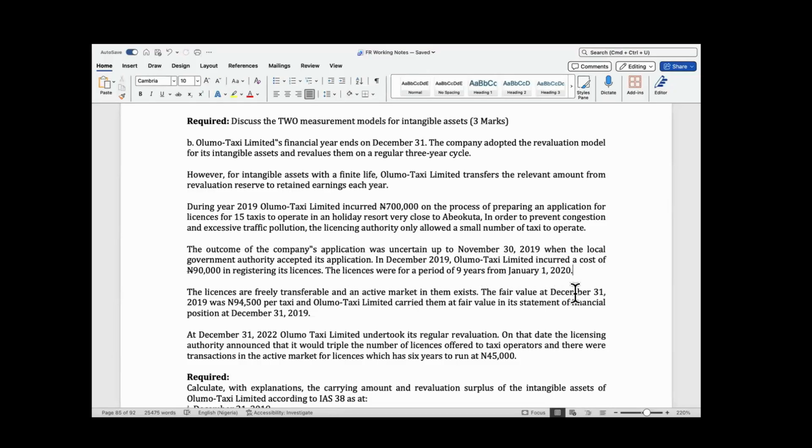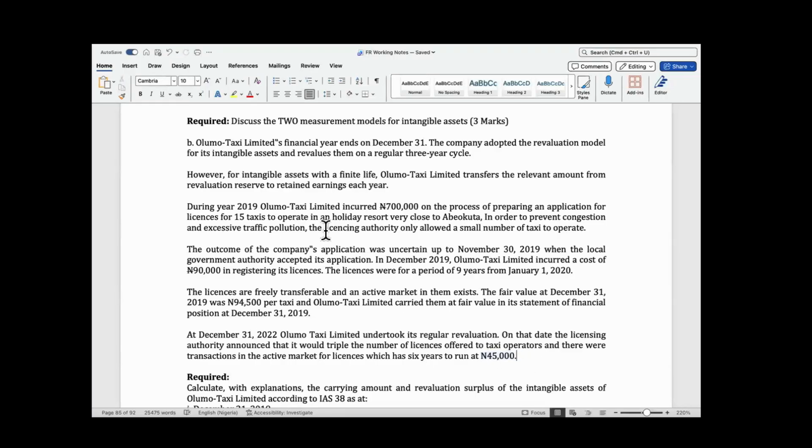The fair value at December 31st, 2019 was 94,500 per taxi, and Oluomo Taxi Limited carried them at fair value in the statement of financial position at this date. In 2022, he carried out a evaluation, and on that day, the licensing authority announced that it would triple the number of licenses offered to taxi operators, and there were transactions in the active market for licenses which are 6 years to run at 45,000.